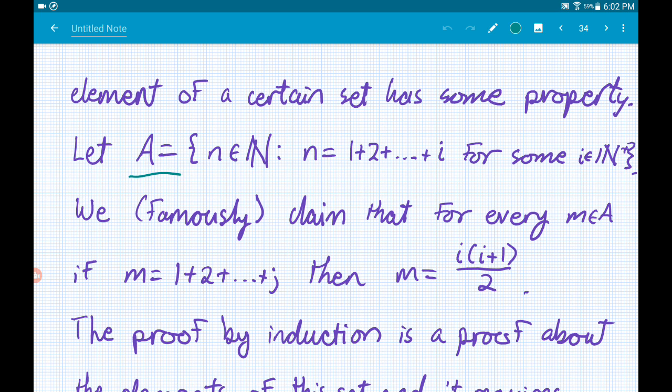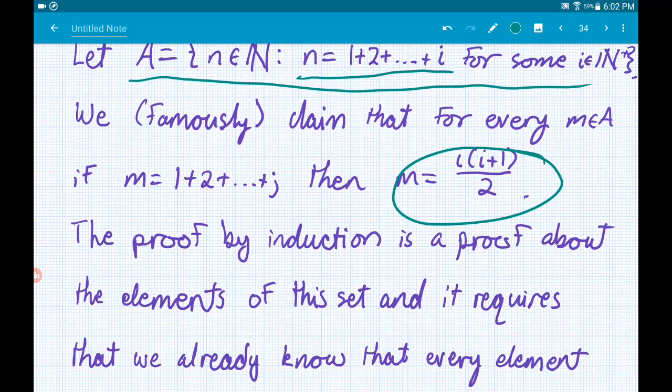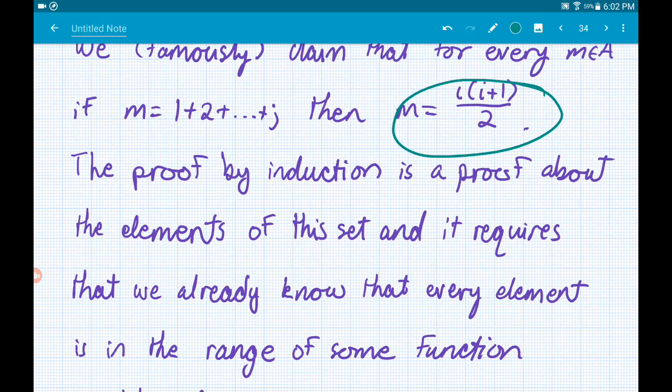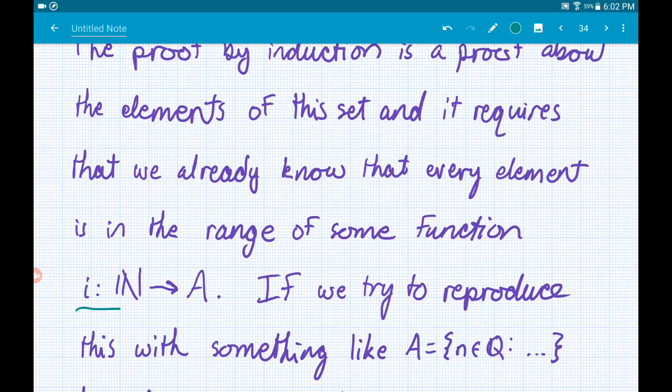So if you take, for example, the set of all n that are the result of adding the first i elements out of the positive natural numbers, and we argue that every one of these numbers satisfies this formula that we famously know they do, the proof by induction is successful just because we know that there is some onto function mapping from the natural numbers onto this set, so we can run through all of those natural numbers, showing that since it holds for each i, then therefore it holds for the whole set.